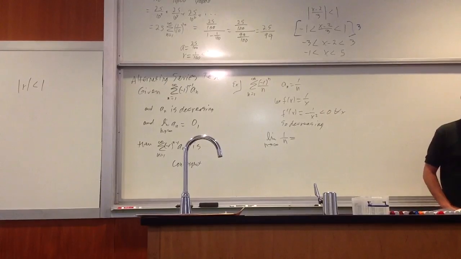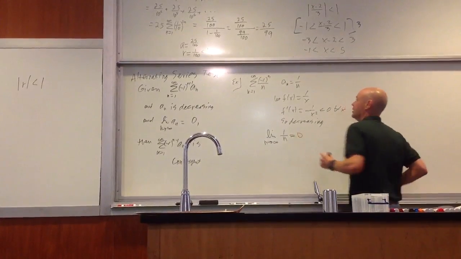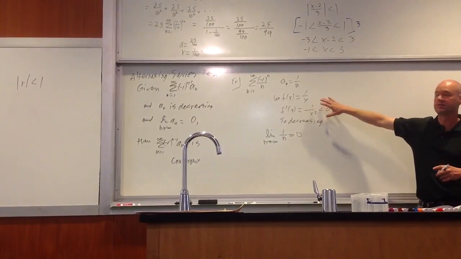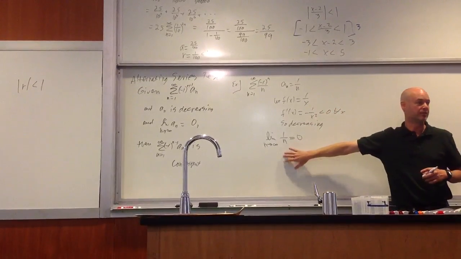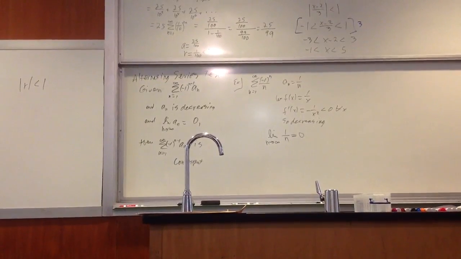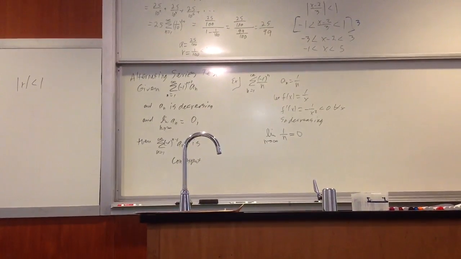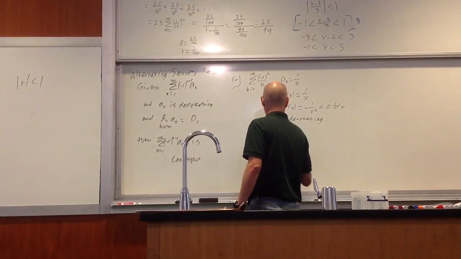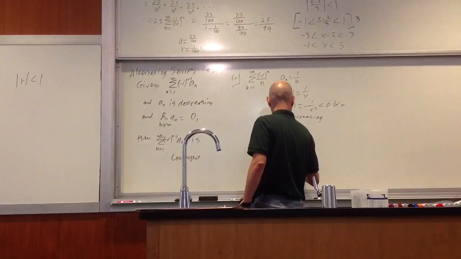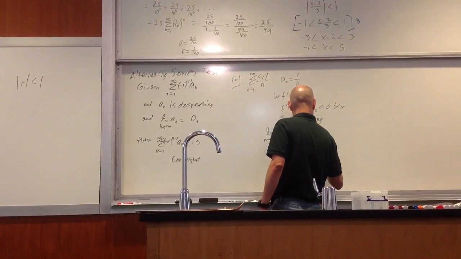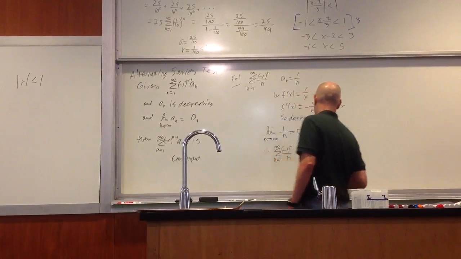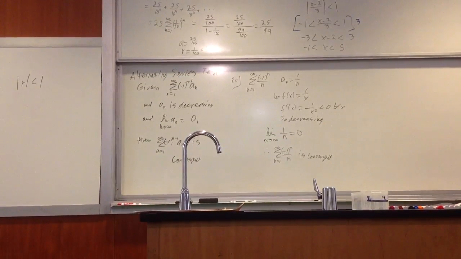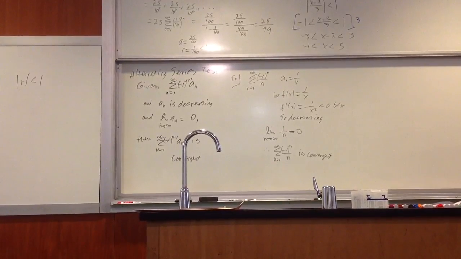What's this limit? 0. It's alternating. A sub n is decreasing. The limit goes to 0. What's our conclusion? Okay? So it's not that hard to use.